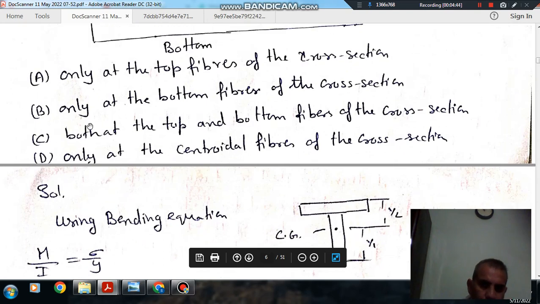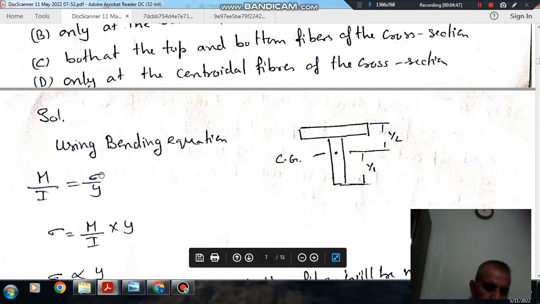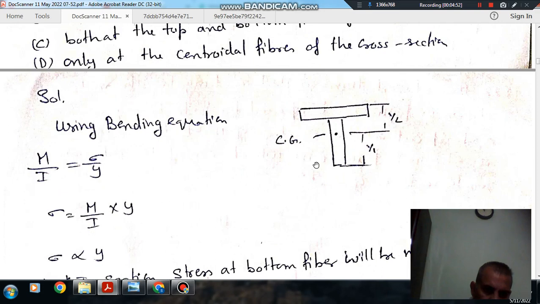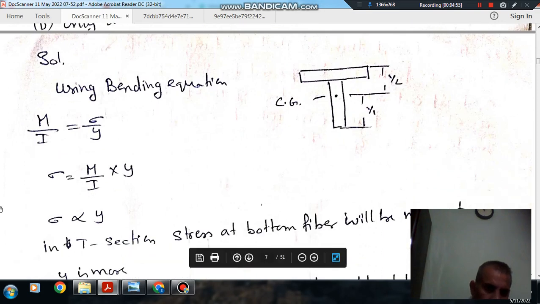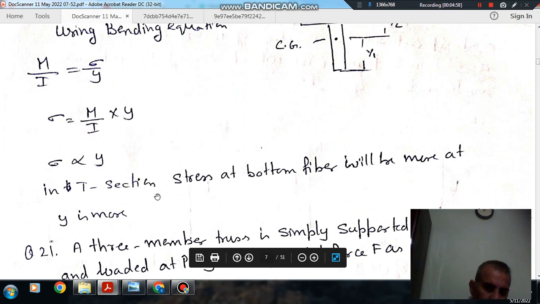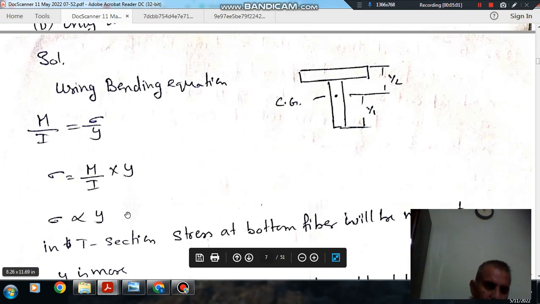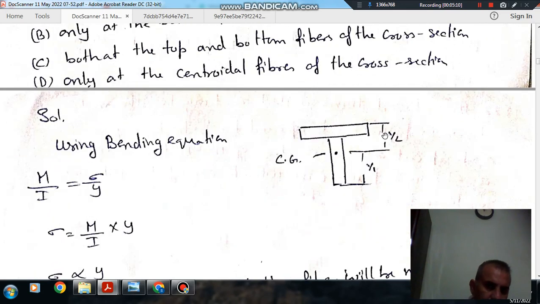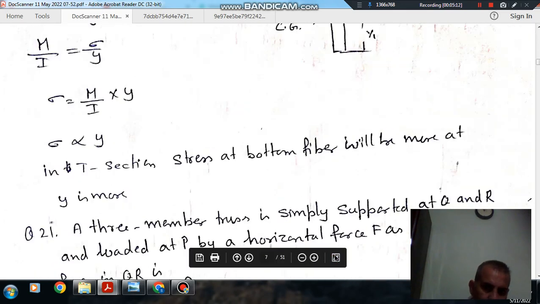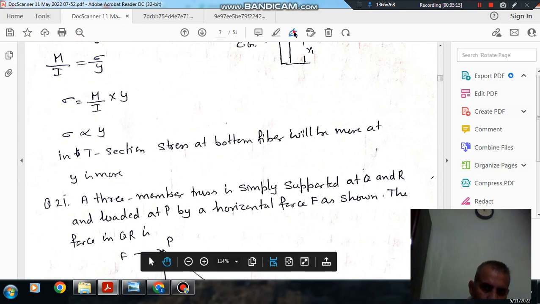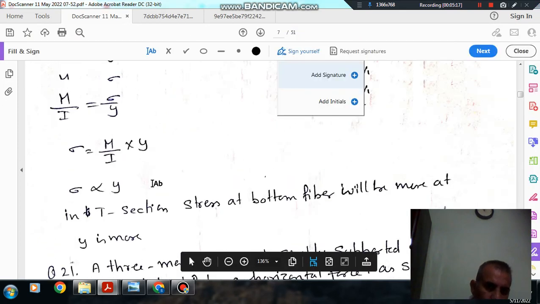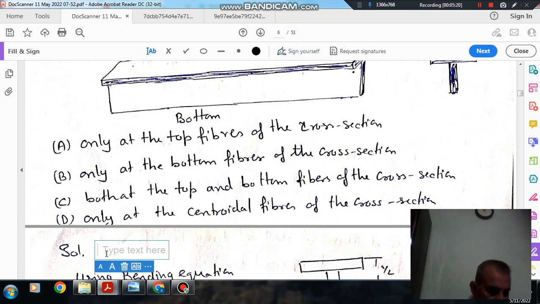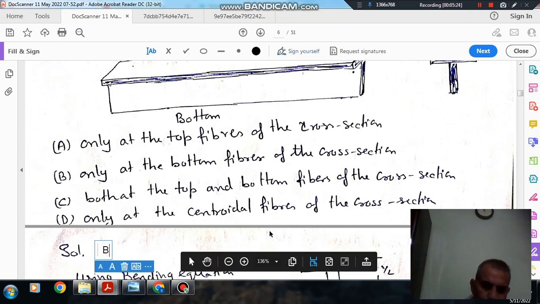As Y1 is more than Y2, in case of bending, using the bending relation M by I equals sigma by Y, Y will be maximum at the bottom fiber, so the stress at the bottom fiber will be more because y is more. So answer is B.